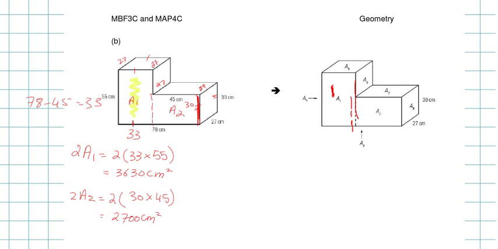So I only have one A3, and that would be this whole length times this width, which means it's 78 by 27. Please stop me if you don't understand what I'm saying. So that's 2106.